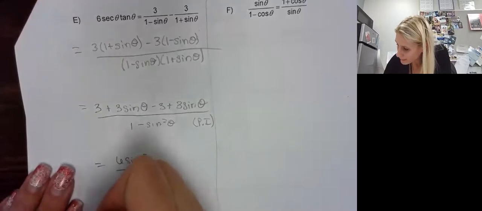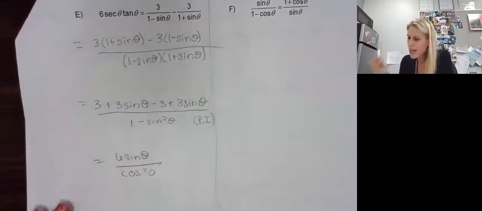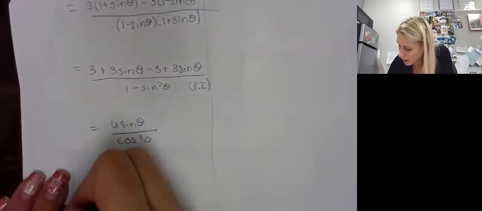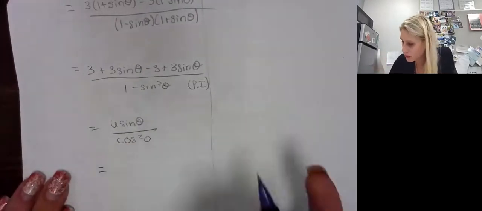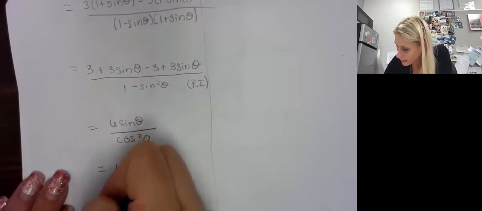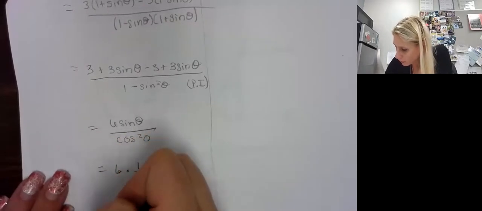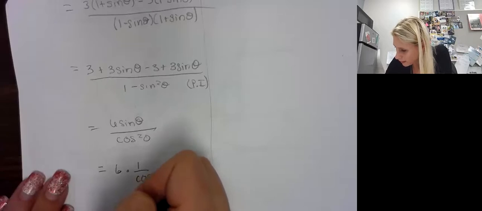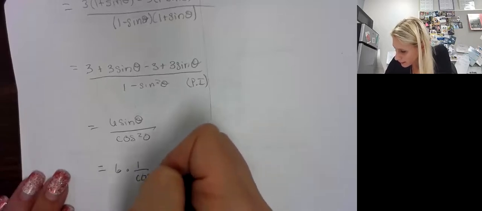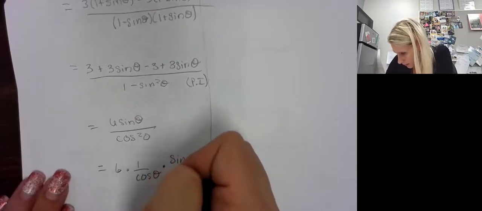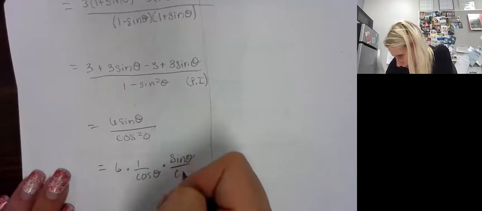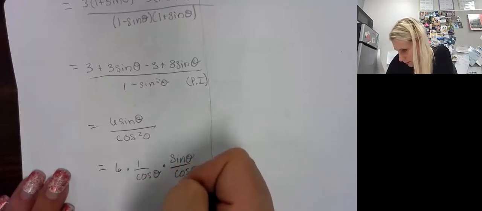Well, 1 minus sine squared theta is cosine squared theta. I'm going to break that up into 2 denominators. So I get 6 times 1 over cosine theta times sine theta over cosine theta, right?